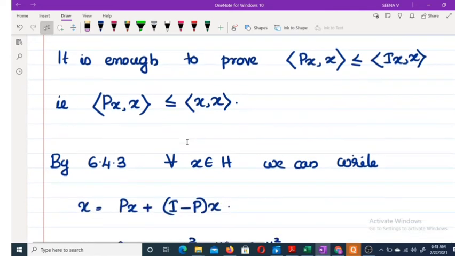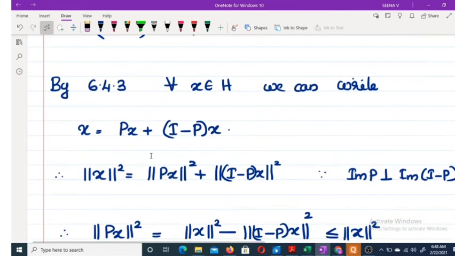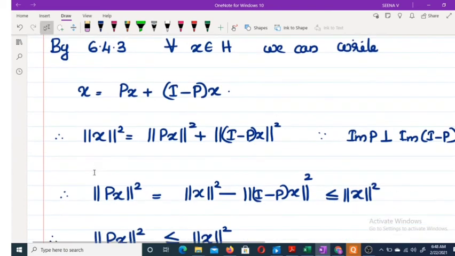Okay. By 6.4.3 we have for every x belongs to H, we can write x is equal to Px plus (I minus P)x. Therefore, norm of x square is equal to norm of Px plus (I minus P)x whole square.